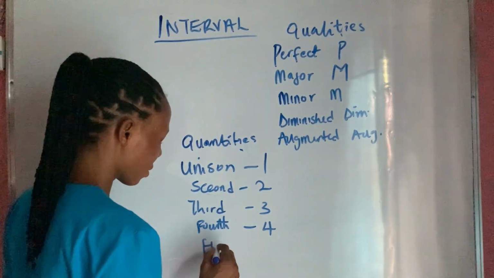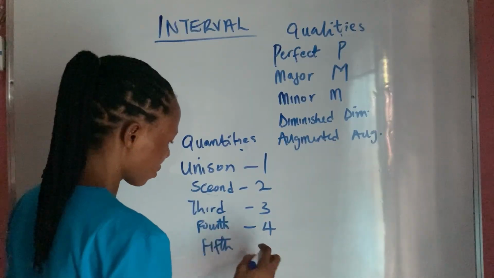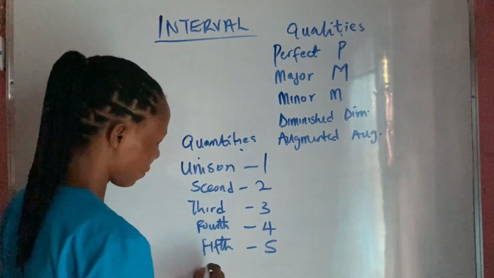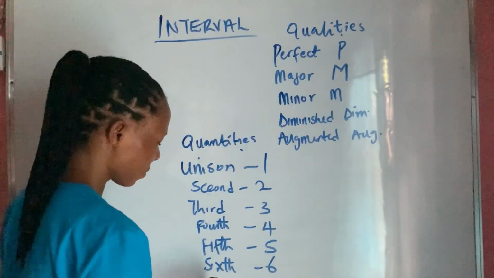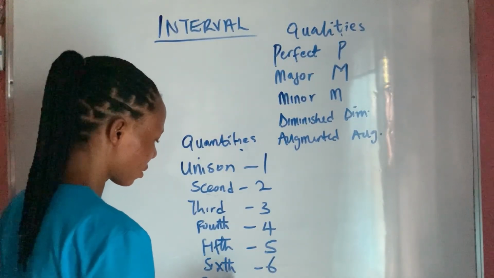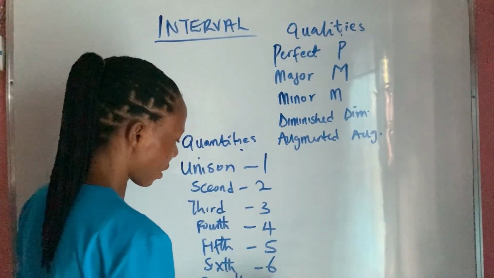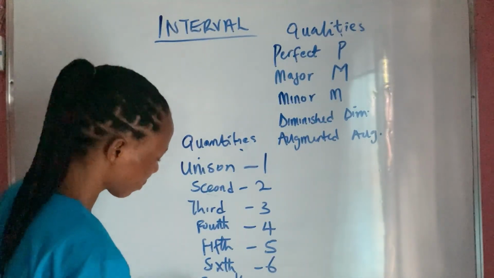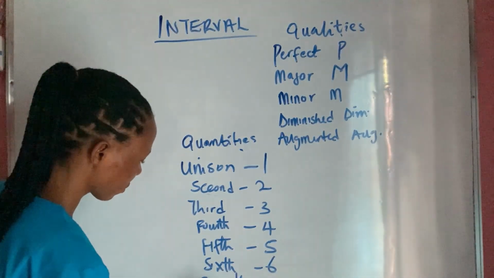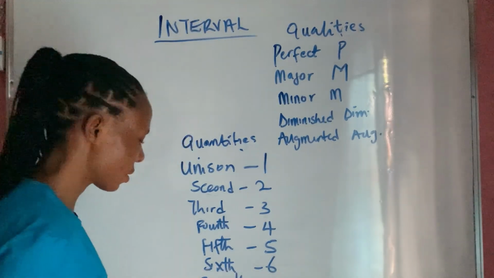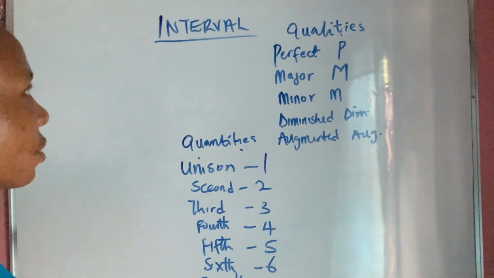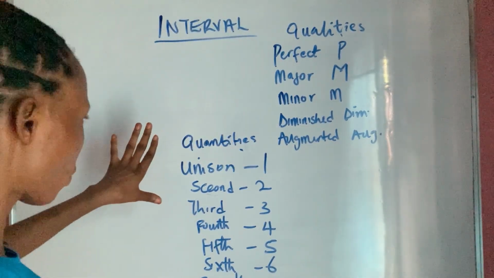Then the fifth with an abbreviation as 5. Sixth is 6. Seventh is 7. Then eighth is 8. Okay, so these are the qualities and the quantities.